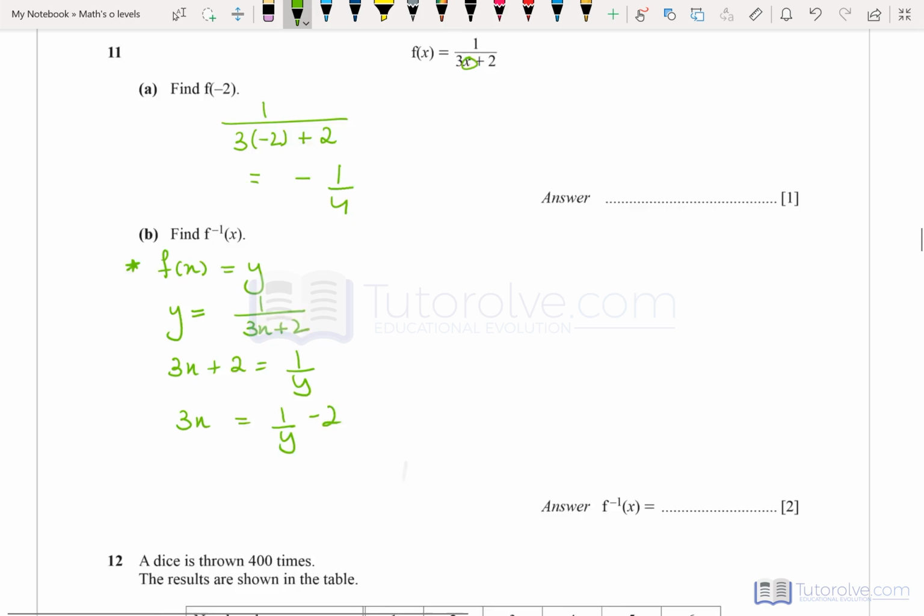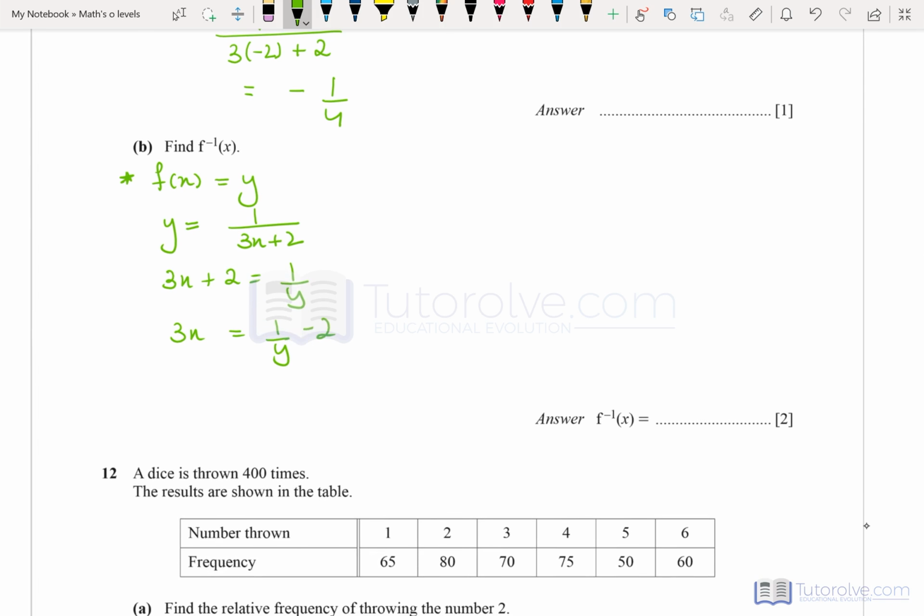Now you should try and take the LCM, because when you're going to divide this whole by 3, it's going to be confusing if you haven't taken the LCM. So basically 1 minus 2y over y. And if you're going to divide this by 3 now, so x is going to be 1 minus 2y divided by 3y. So this is your expression in terms of y.